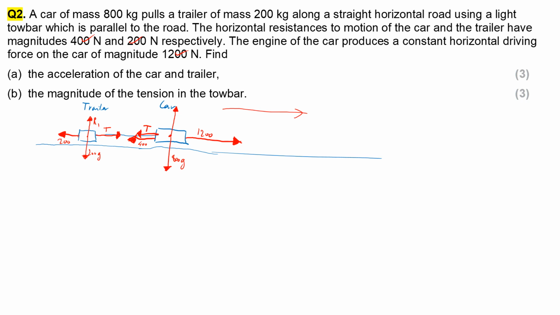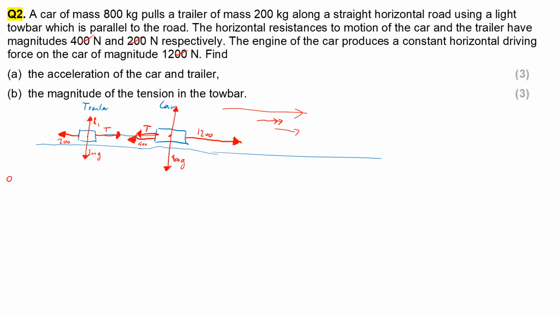Acceleration. So I'm going to need to calculate the acceleration. For this, I'm going to need to resolve the forces. I'm going to assume that the acceleration is going to the right, and I'm going to take that as the positive direction.